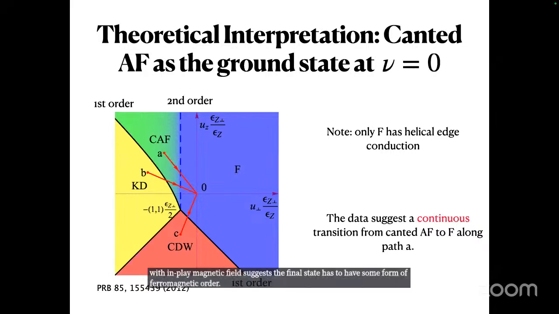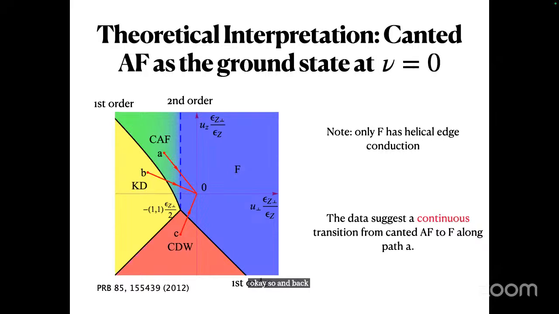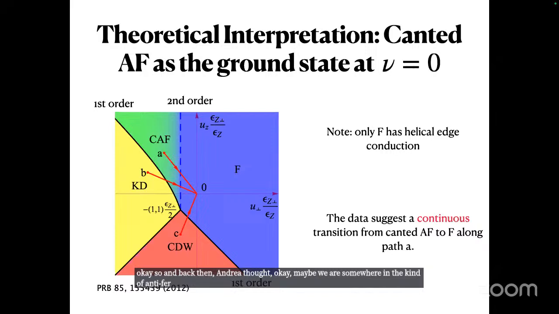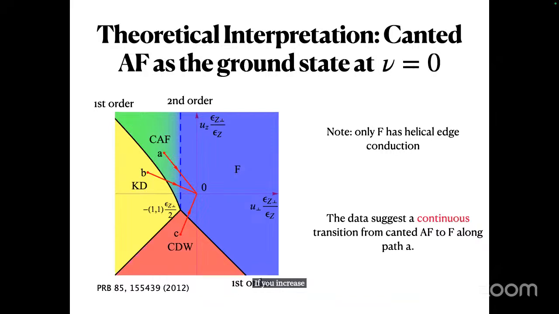Back then, Andrea thought maybe we are somewhere in the antiferromagnetic phase, and if you increase the magnetic field, the system is gradually traversing this interaction parameter space and approaching the zero point. As a result, the system becomes a ferromagnet and it has some edge conduction. So that was a consensus.